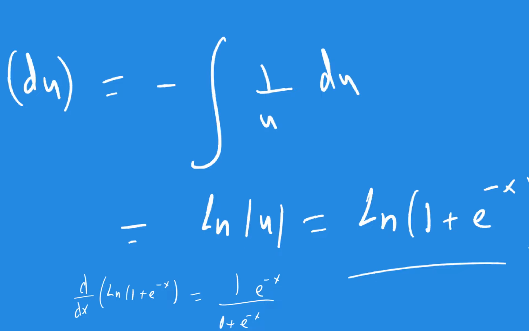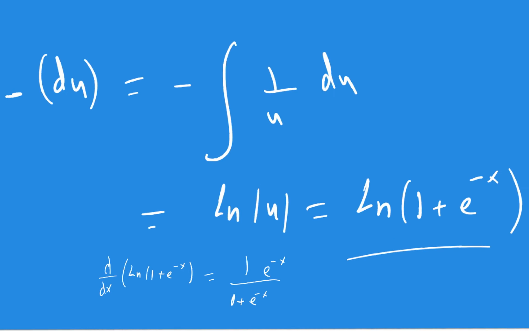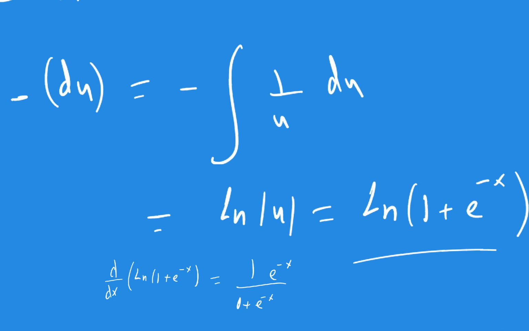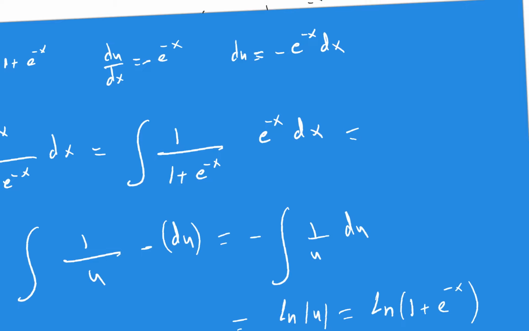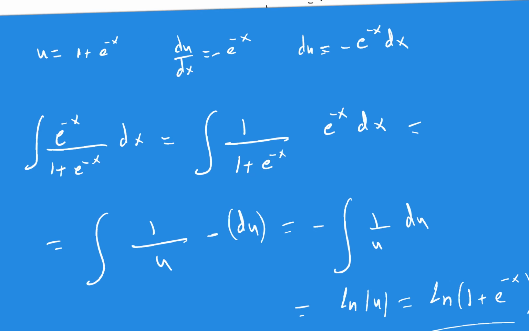So is this the integrand? Let's see. e to the minus x divided by 1 plus e to the minus x. Let's see if this is the integrand. Yes, e to the minus x over 1 plus e to the minus x. So it's correct. What I did is correct. Okay, let's go to the next question.